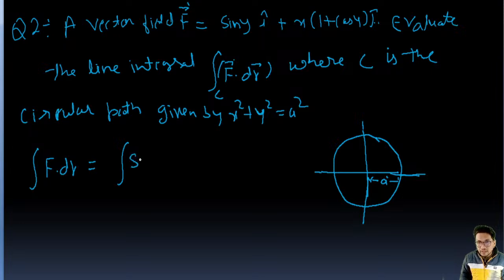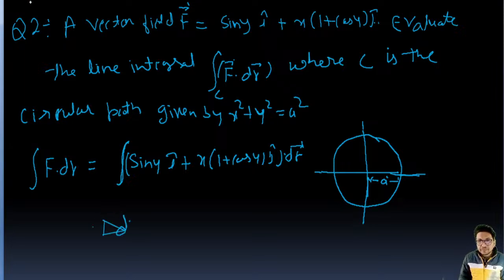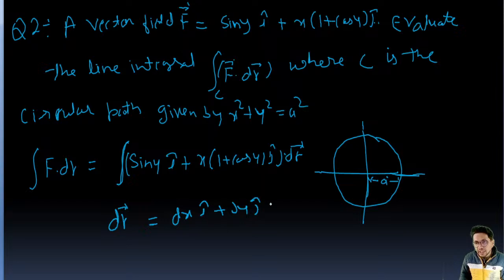So it is sin y i cap plus x into 1 plus cos y j cap, dot dr. And we know dr is dx i cap plus dy j cap plus dz k cap.